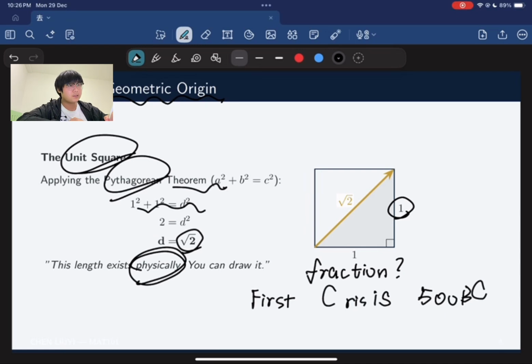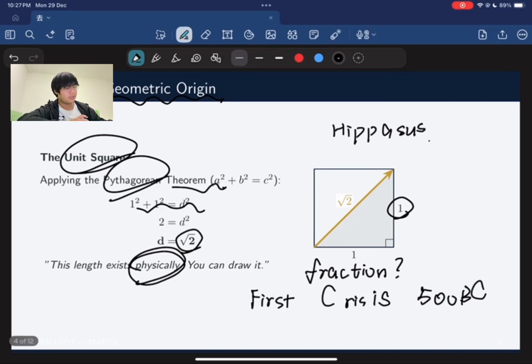The Pythagoreans believed all is number, meaning everything could be expressed as a ratio of integers. However, a mathematician named Hippasus discovered that the diagonal is incommensurable with the side. It was impossible to express it as a fraction. This discovery birthed the concept of irrational numbers.